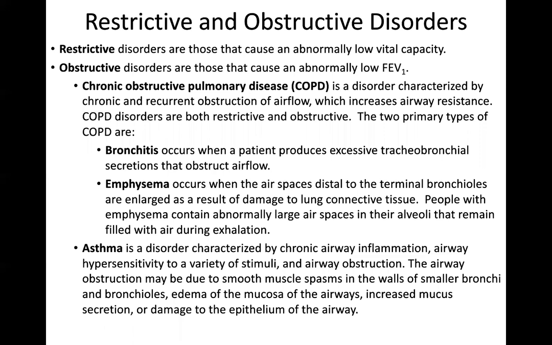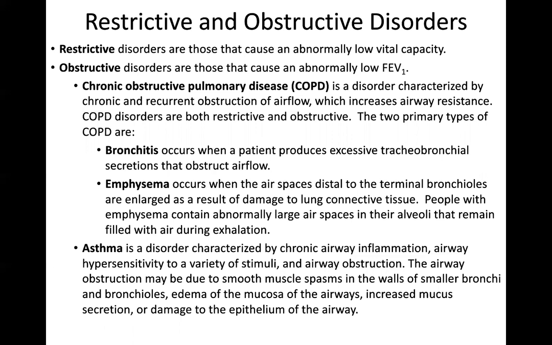So, like I said, FEV1 is a very clinically useful test, especially when looking at those with obstructive disorders. There's kind of 2 major airway type disorders, restrictive and obstructive.